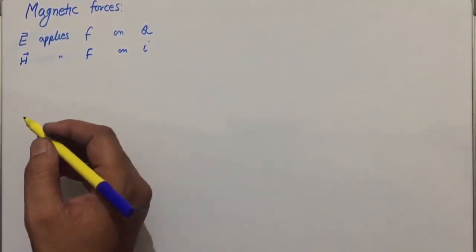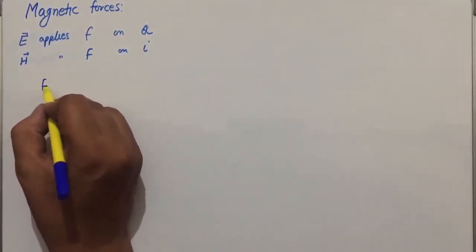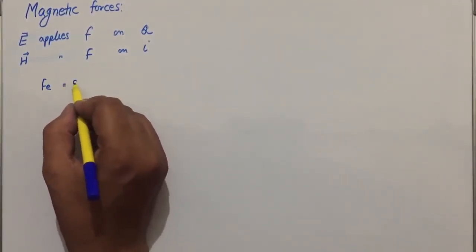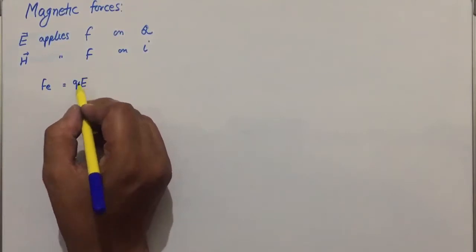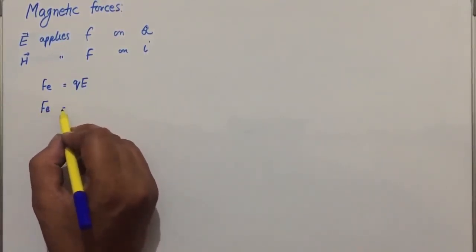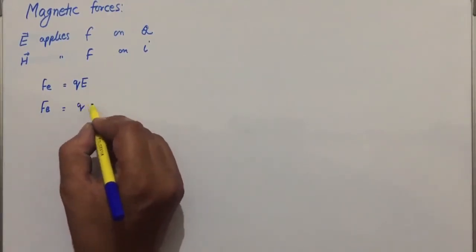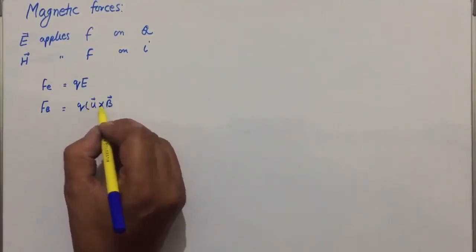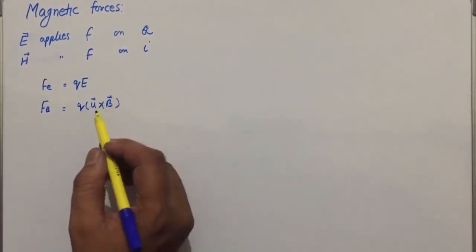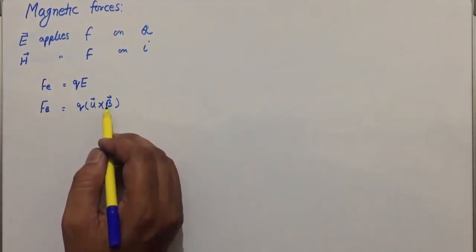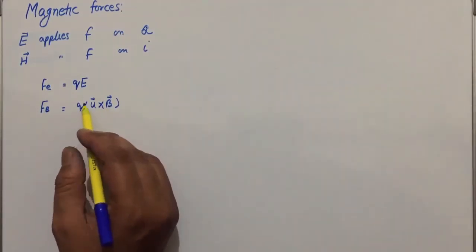So we can say the electrostatic force is nothing but QE, we have studied this, and the magnetostatic force we can say is Q U cross B. Q is the charge, U is the velocity with which it is moving, and B is the magnetic field in which the charge is moving.